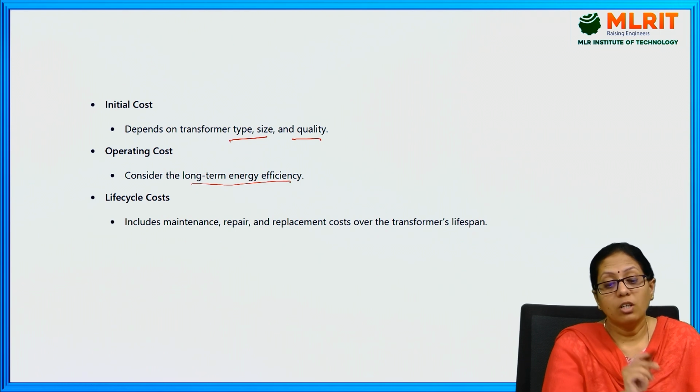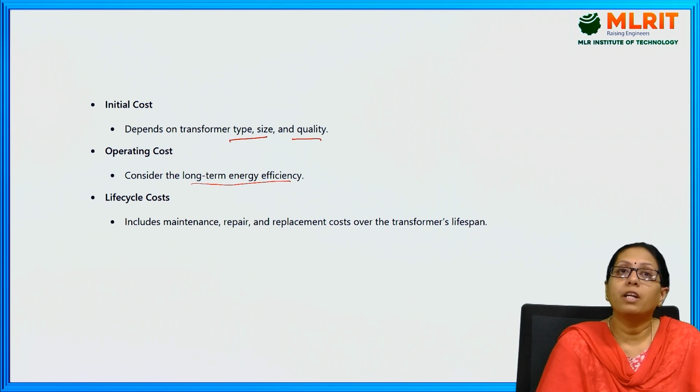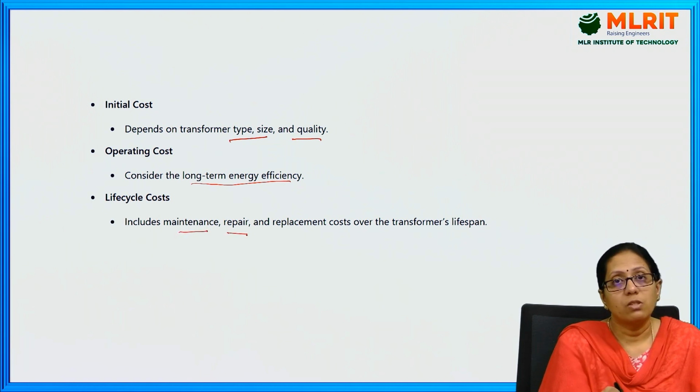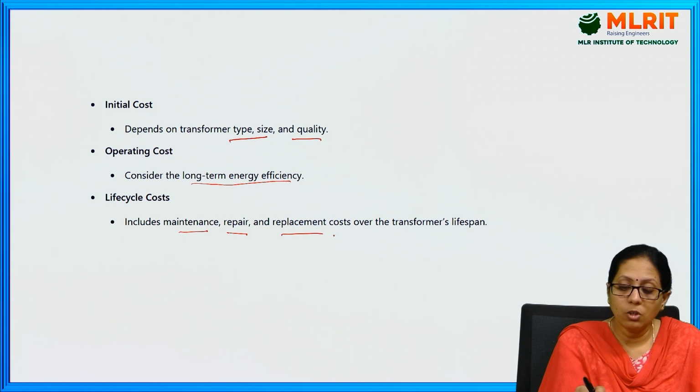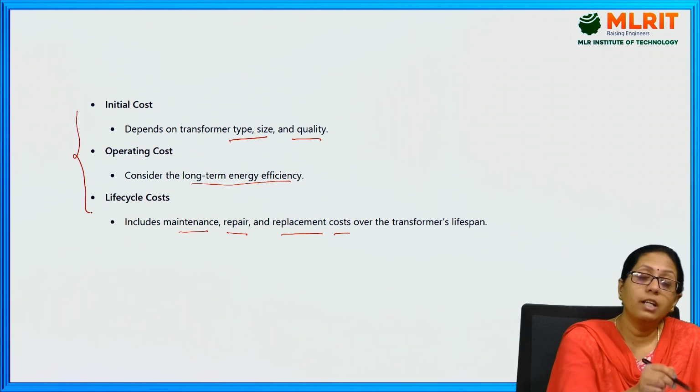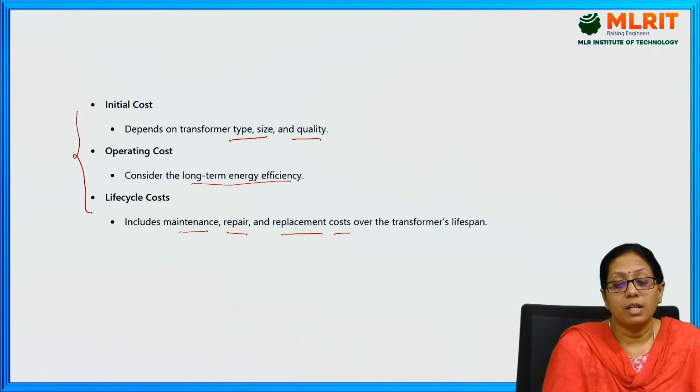Based on the long-term efficiency, the operating cost will be there. And life cycle cost means regular maintenance should be done, repair works should be done, and replacement cost also comes under the life cycle cost. So all these costs are included in a transformer. That is initial cost, operating cost as well as maintenance cost.